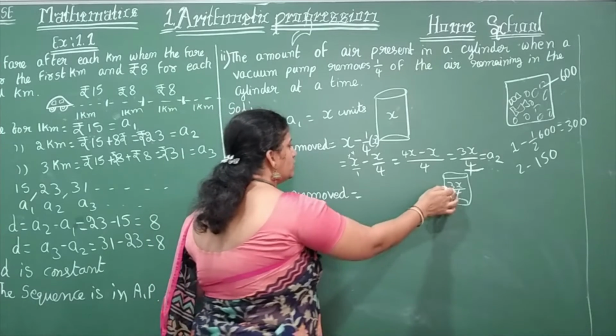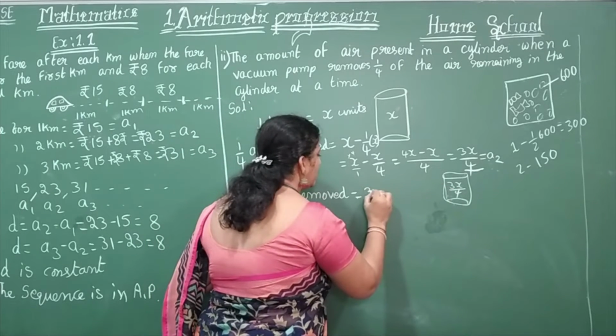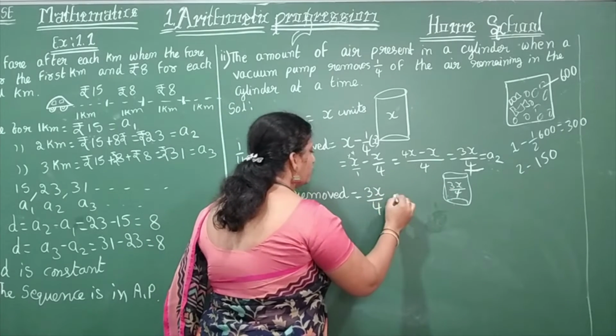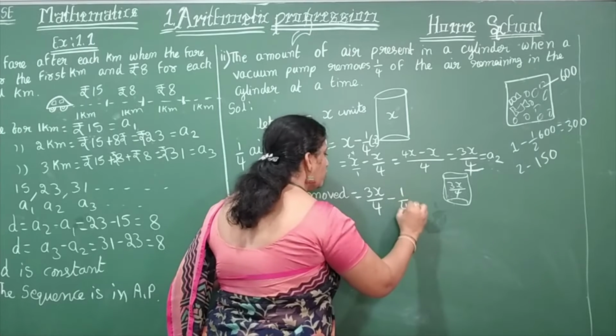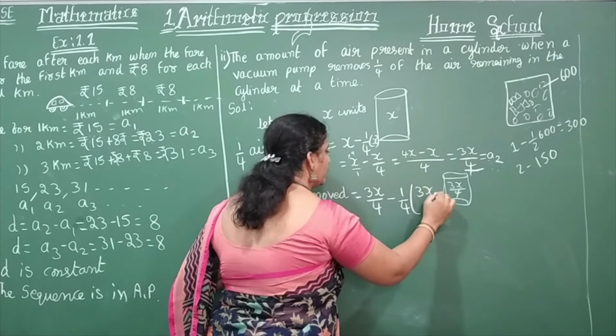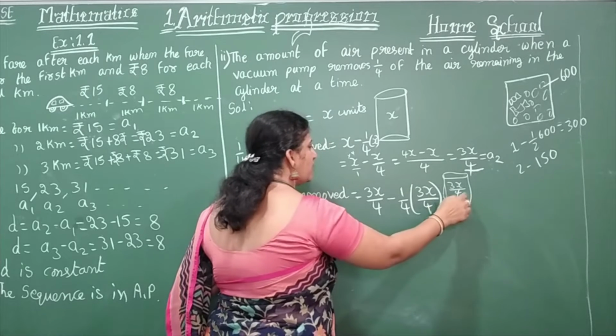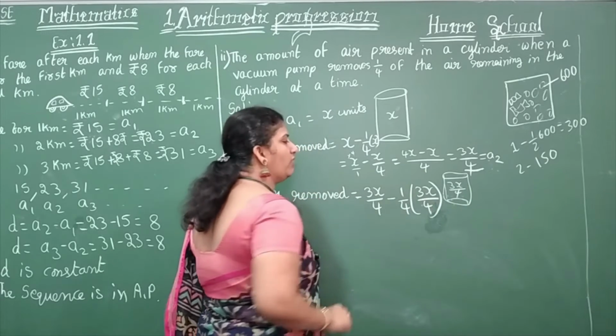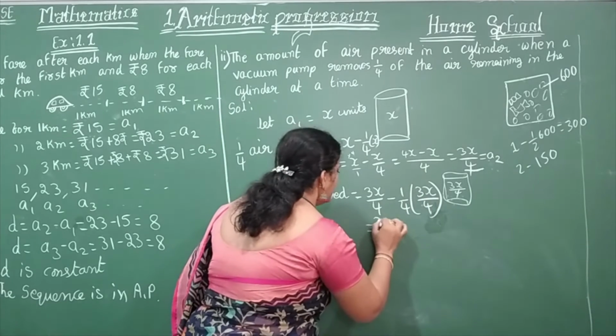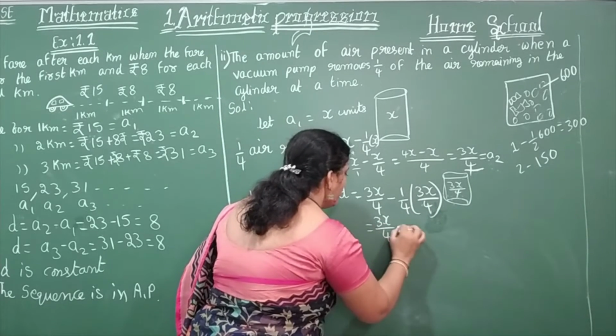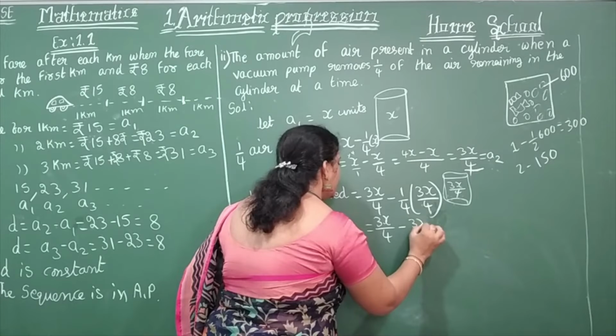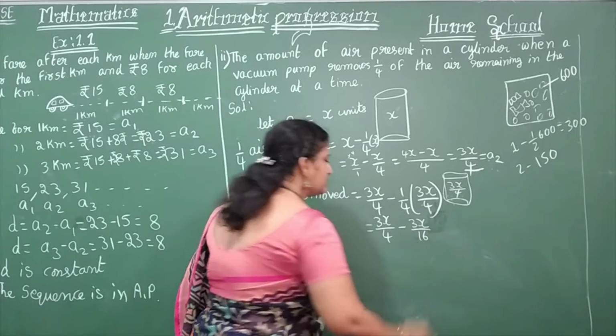So what is the amount present here? 3x by 4. Again, remove 1/4 of it. In that you are removing 1/4, right? 3x by 4 minus 3x by 16.